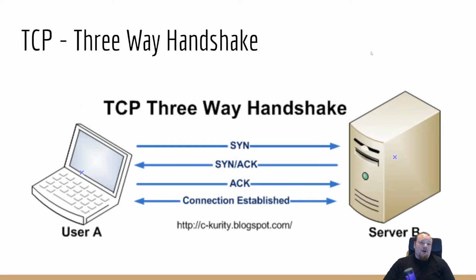All right. So the three-way handshake: whenever you are connecting to a service, you need to make sure that the connection is established. This is also what you call a full open connection.